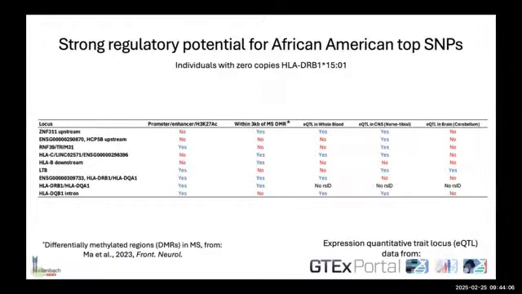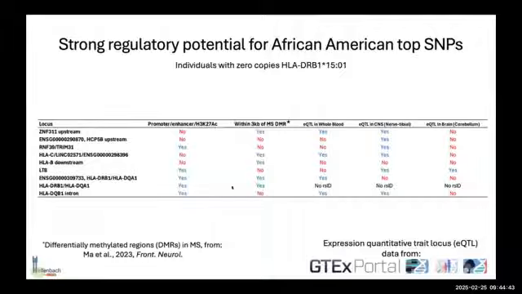And so, of course, we've identified these regions. Now we want to ask what they might be doing. It turns out that a lot of these have strong potential for being regulatory elements in terms of gene expression. In this first column, we evaluate whether they fall within a promoter, an enhancer, or an acetylation peak. In the second column, there's a previous study that looked at differential methylation in MS across the MHC and identified sites that were differentially methylated.